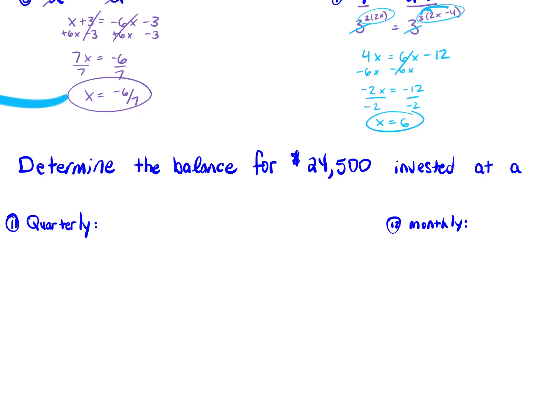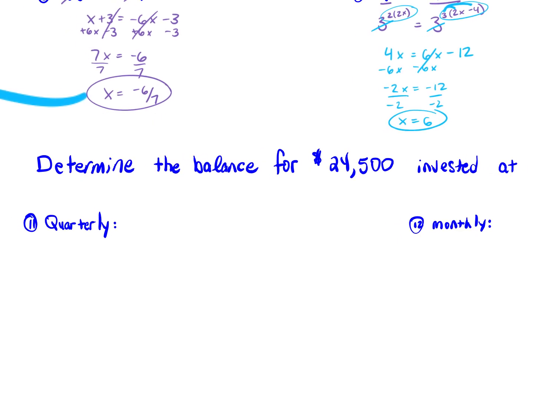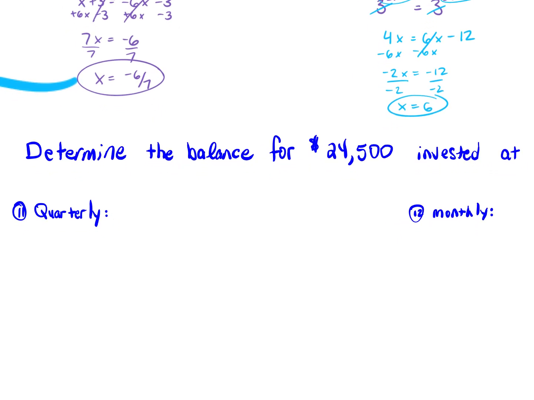So you need to know the formula for both of these. If it's compounded and it has a specific time, so like quarterly, monthly, daily, whatever it may be, we're using the formula that goes A equals P times 1 plus R over N to the power of N times T. Make sure you know your formula.